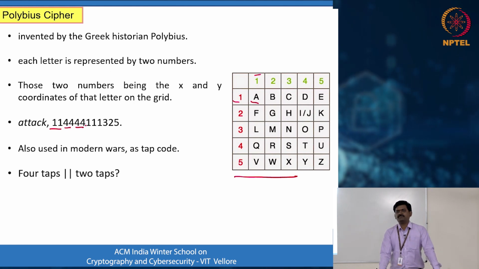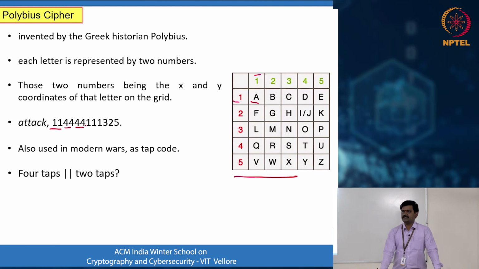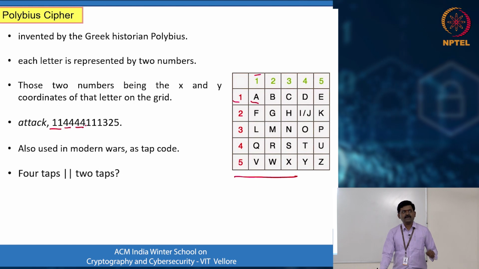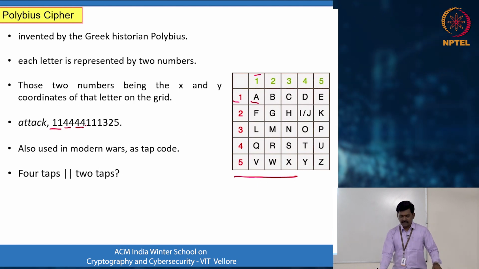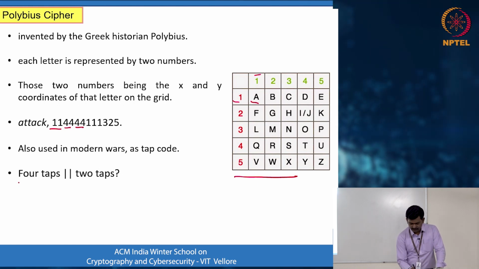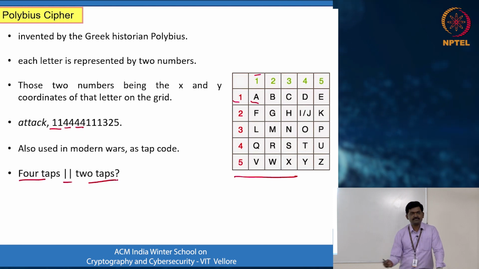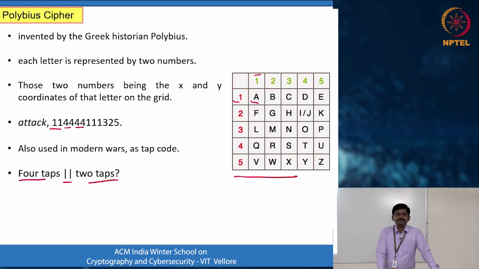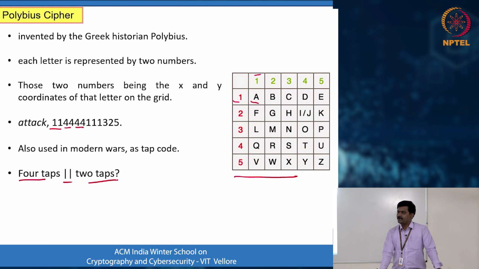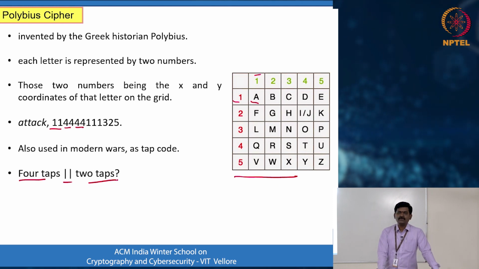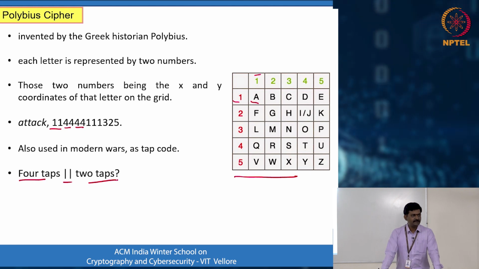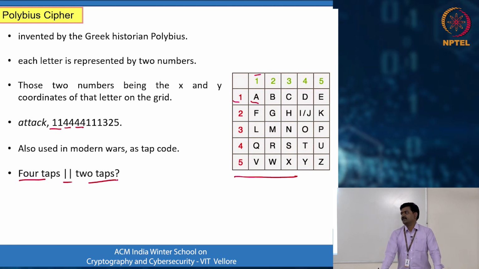Take an example: if there is a prisoner sitting in a cell tapping on the wall of the prison, and the other guy is able to listen, then if he taps 4 taps, a pause, 2 taps, that is equivalent to the alphabet R. That is how they used to communicate secretly. So this is called the Polybius cipher.